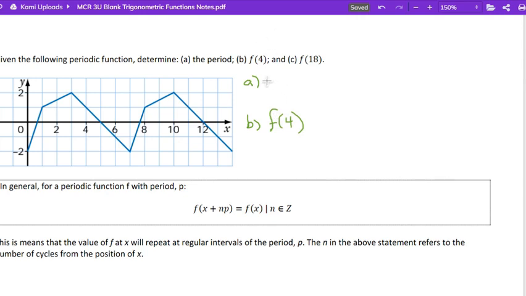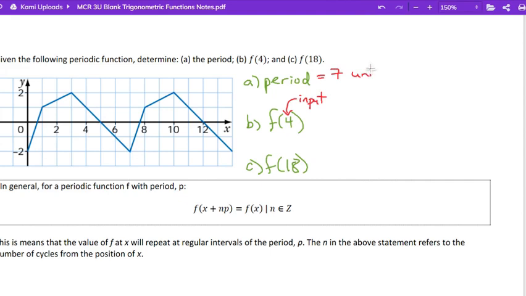We have to look at that. And f at 18. So let's start with the period. How long does it take the pattern to start repeating?